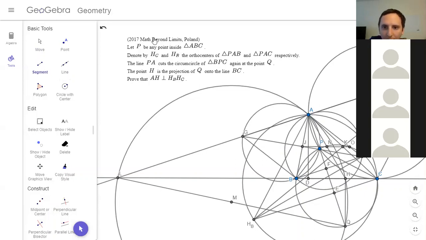So really random, weird configuration. If we could show MN is parallel to HBHC, that would solve it.